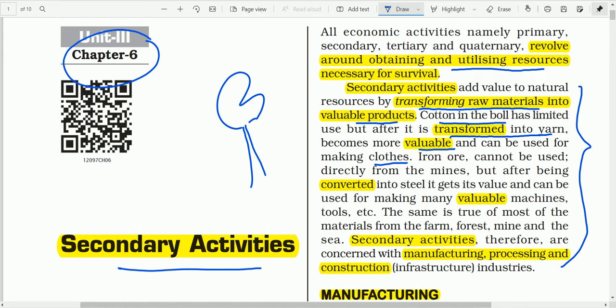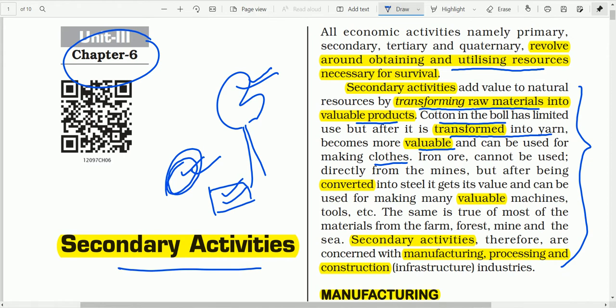The process of transforming raw materials into finished or valuable products adds value. If one person sells raw cotton and another sells thread or cloth after weaving it, the person selling yarn and cloth will earn more money than the person selling the raw material, because value is added in these activities.